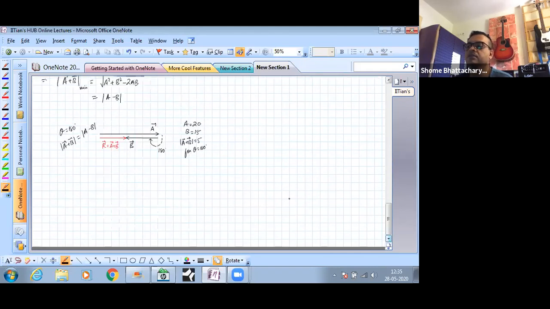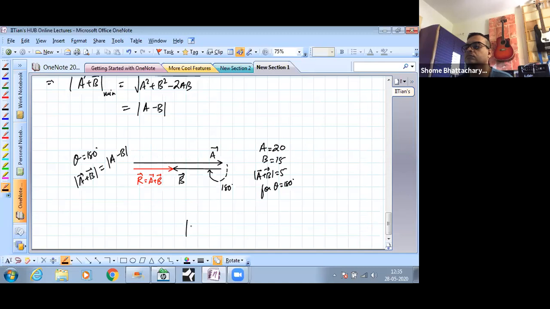So you can see, combining the two, the magnitude of a plus b can never exceed a plus b and can never become less than the difference of a and b. Okay.